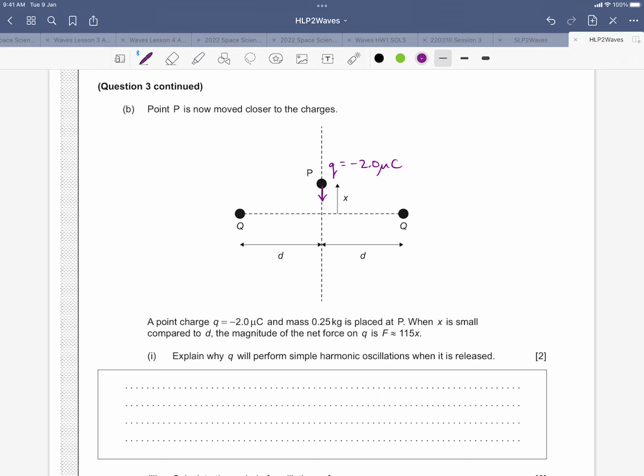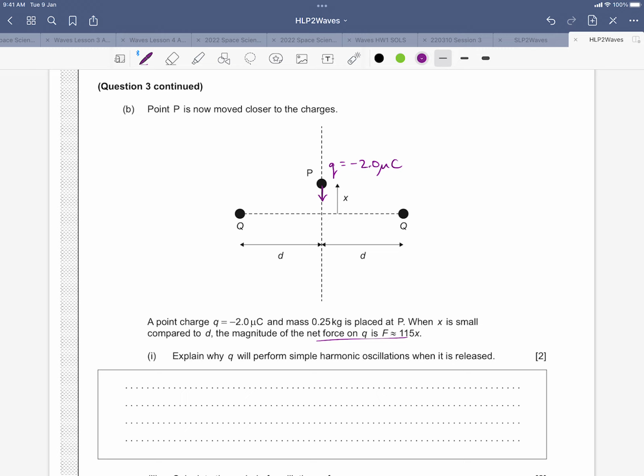And they tell us that when x, its vertical displacement from the horizontal there, is very small compared to d, then the net force is approximately 115x, okay, the net force. Now then, why is it going to perform simple harmonic oscillations?